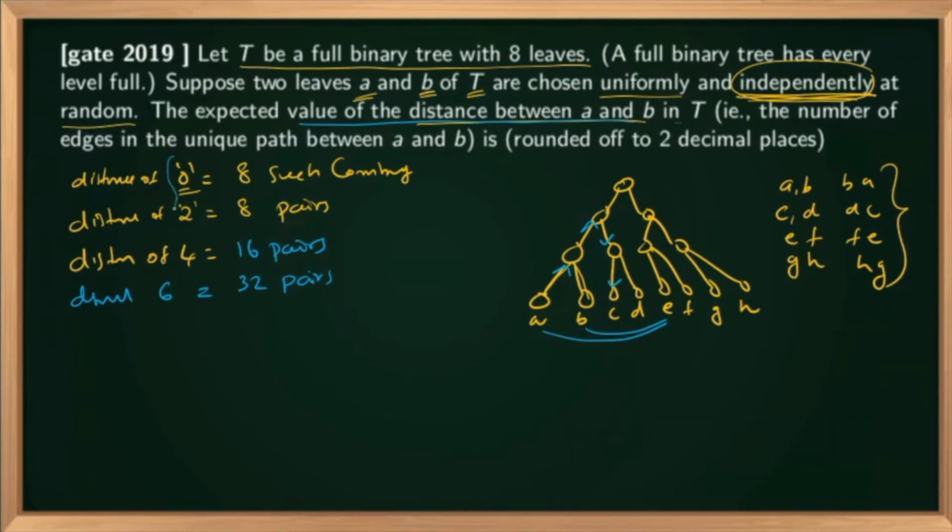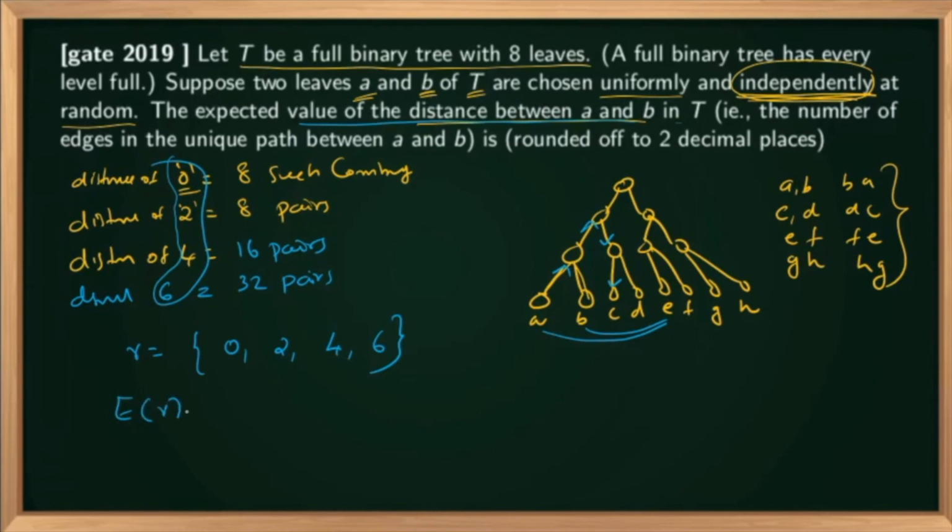We have only the possibilities 0, 2, 4, 6. So let us assume a random variable R representing these distinct values, the distance between the two leaves. Now what is the expectation of R? That is what we have to compute.